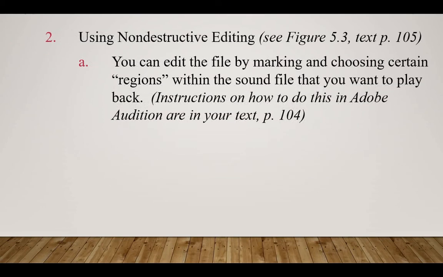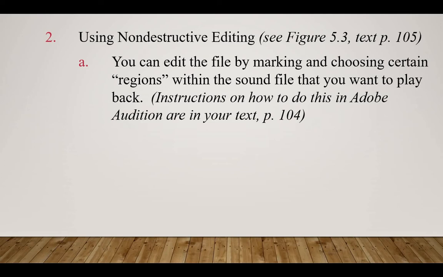Using non-destructive editing, you can edit the file by marking and choosing certain regions within the sound file that you want to play back, and there are instructions on how you can do that in Adobe Audition in your textbook. Another simple way of using non-destructive editing is, once you've done your edits, to save your file as a new file name.